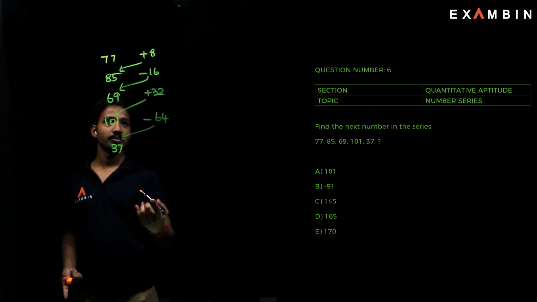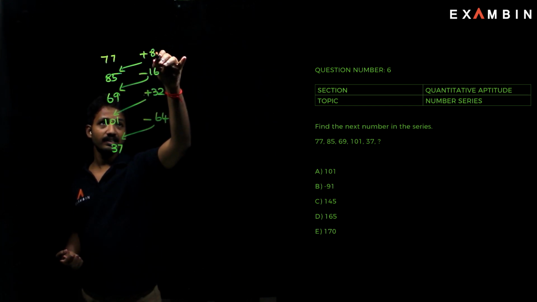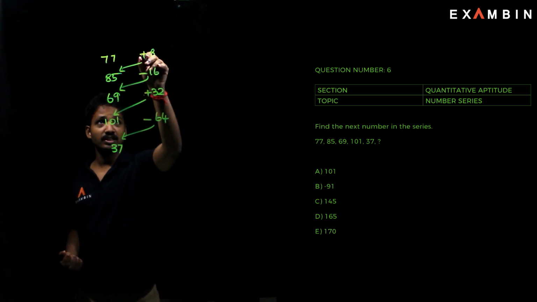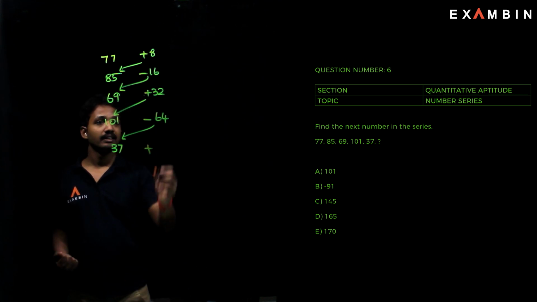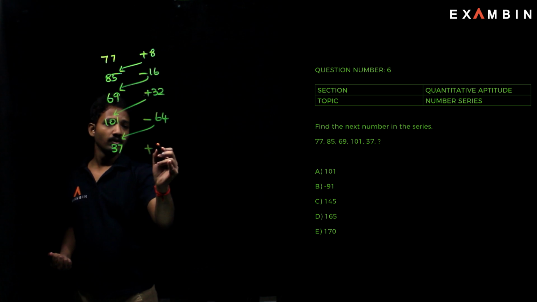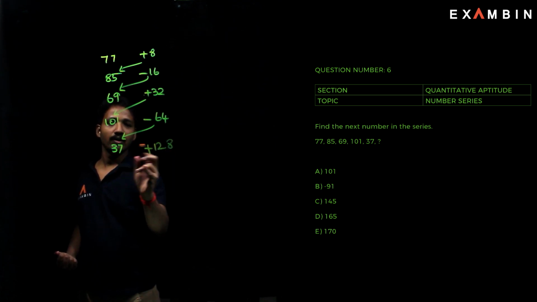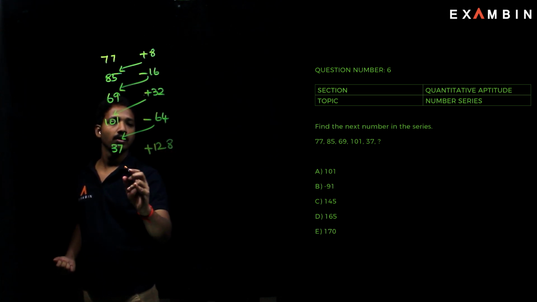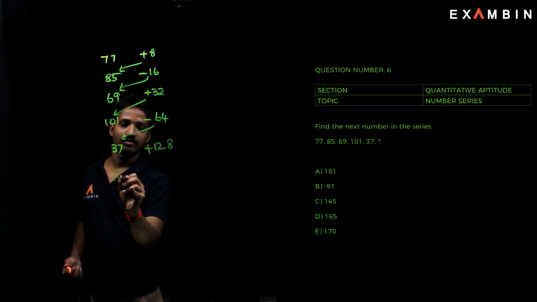So the next number will be obviously, here you see a pattern is followed, 8, 16, 32, 64. And the signs are changing for every alternative. Plus, minus, plus, minus. So here the sign will come as plus, and 64 into 2, 128. 128 plus 37, 165. D, 165 is the right answer.